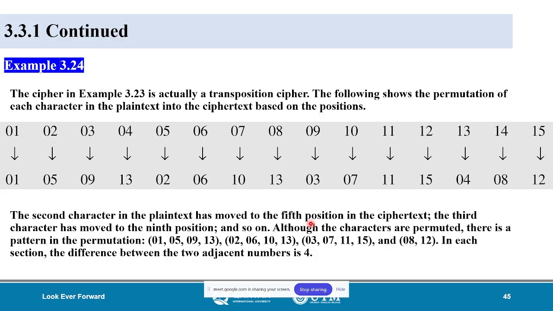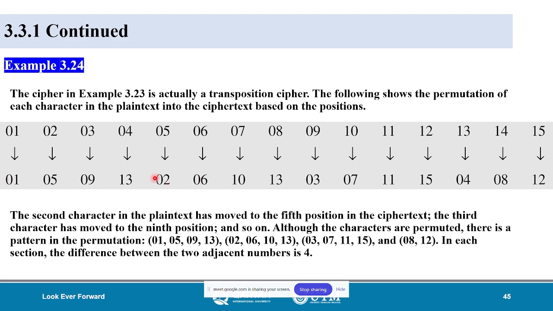Now, the cipher in the example is actually a transposition cipher. The following shows the permutation of each character in the plaintext into the ciphertext based on the position. Now, 1 goes to 1, 2 goes to 5, 3 goes to 9, 4 goes to 13.